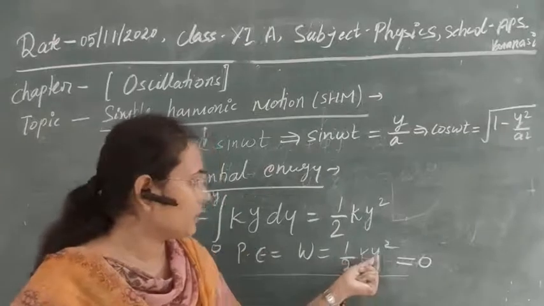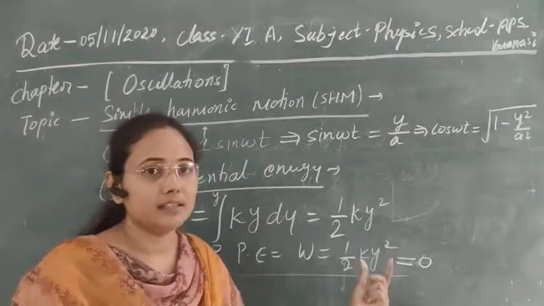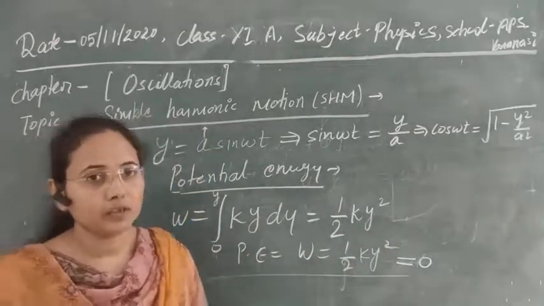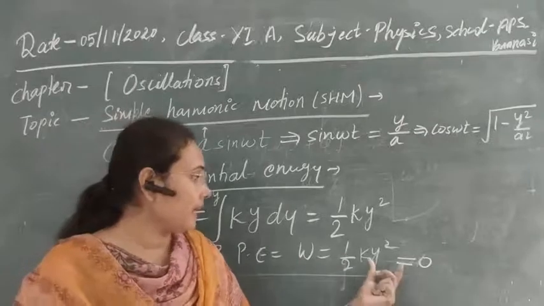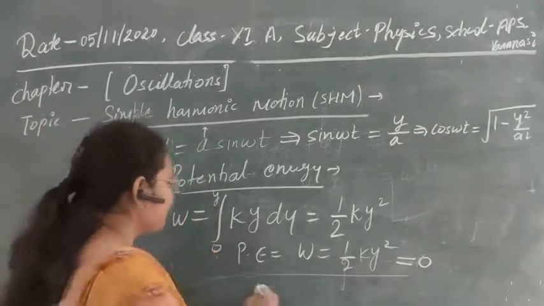And if we take the extreme points, where the displacement is equal to the amplitude, y equal to a, then what will be the potential energy at that point?